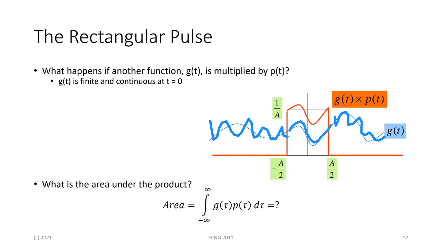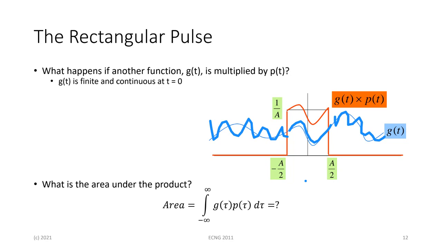So when you do that, you only pick out the piece of the signal between the time minus A over 2 and A over 2.